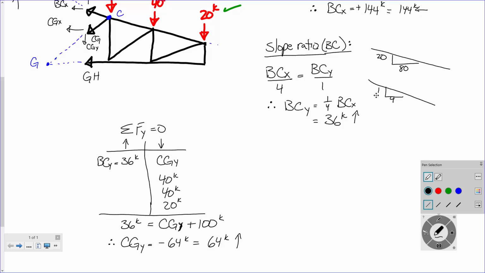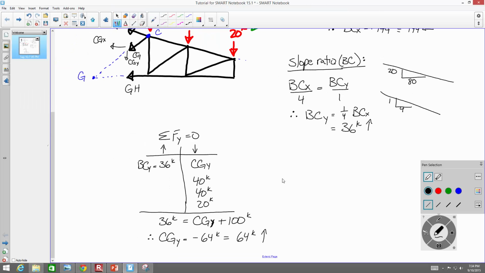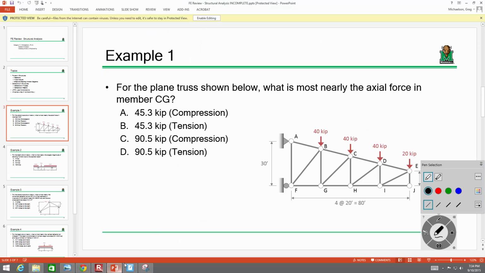Okay? Now, let's just go back to the problem. Anytime you're doing this stuff, you want to make sure that you're going back to your problem and referring to that. Here's the problem. What's the problem asking for? Force CG. You've made a couple observations right off the bat. The answer came out negative.